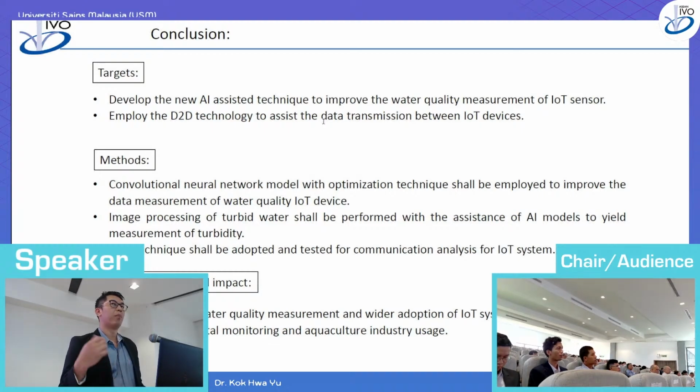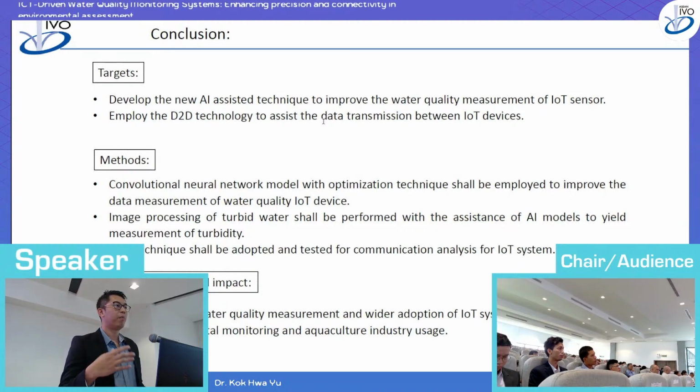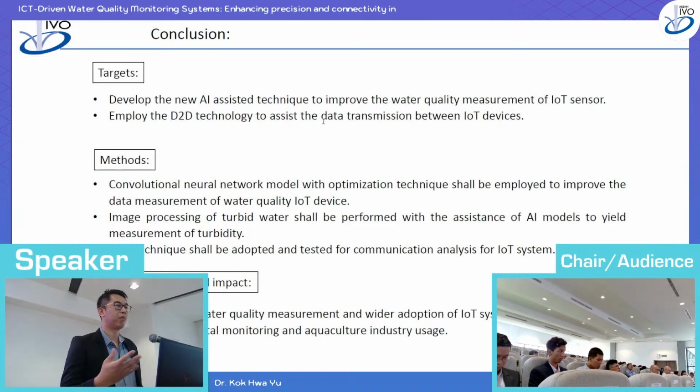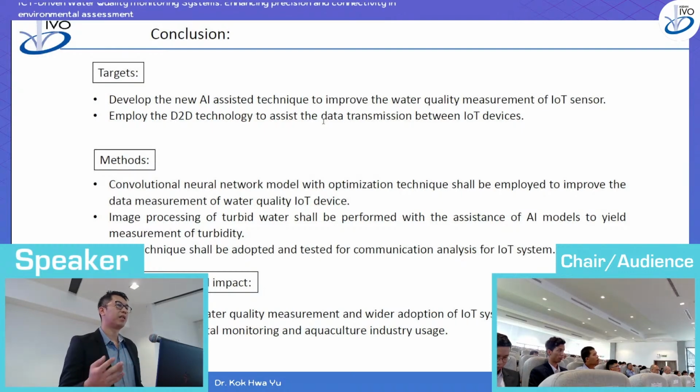But for this proposal, we try to adopt the D2D technology from NICT. The benefit of D2D is that it has lower spec, but a higher rate of data transfer. Lower spec means we have lower cost and also a higher data transfer rate. Implementation is about costing as well.